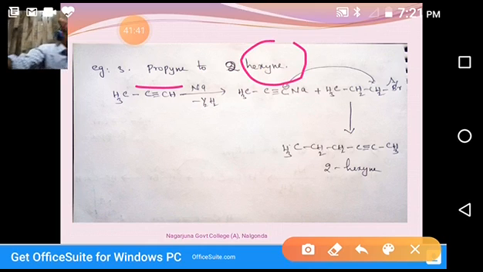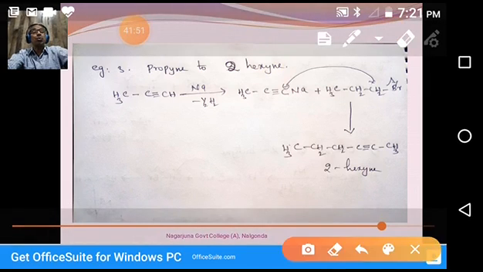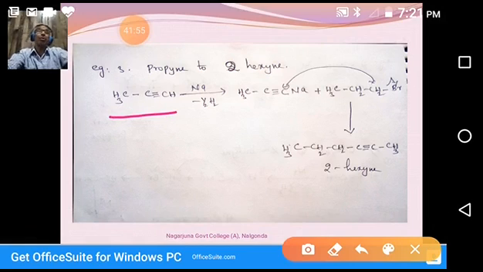We have to add 3 carbons to this propyne. For that, first this compound has to convert into the corresponding carbanion by losing the sp proton. Then we have to add a 3-membered straight chain carbon, that is propyl chloride or propyl bromide.